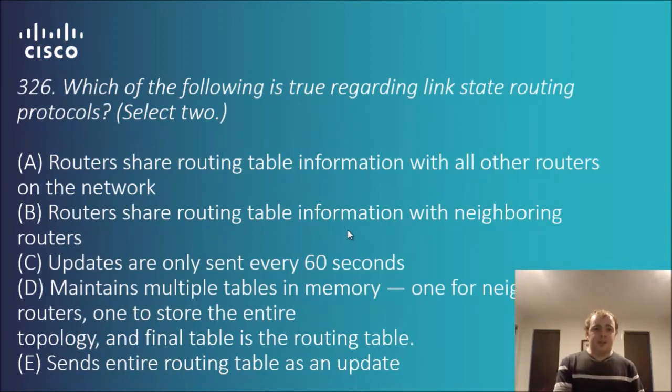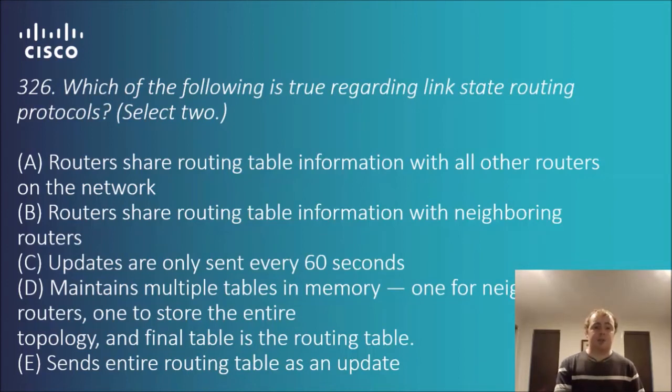326, we've got another select few. Which of the following is true regarding link state routing protocols? Routers share routing table information with other routers on the network. Routers share routing table information with neighboring routers. Updates are sent only every 60 seconds. Maintains multiple tables in memory, one for neighboring routers, one to store the entire topology, and a final table which is the routing table. Sends entire routing table as an update.